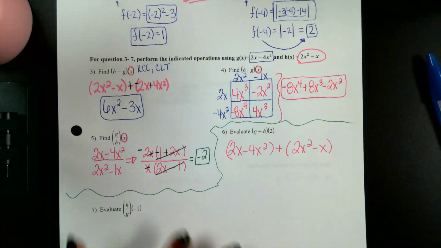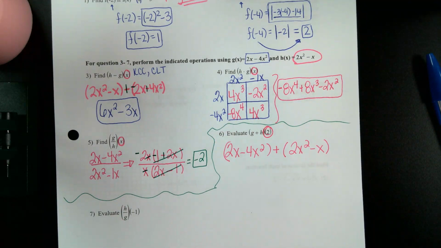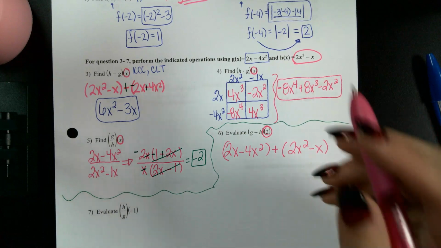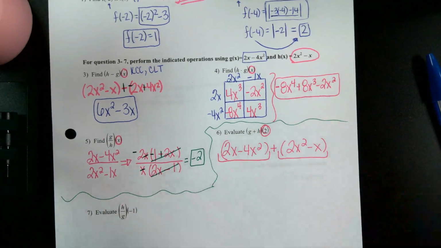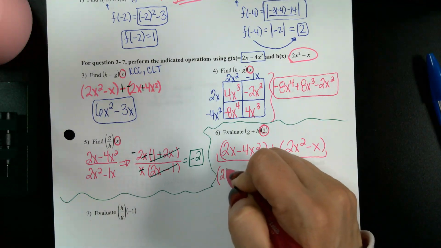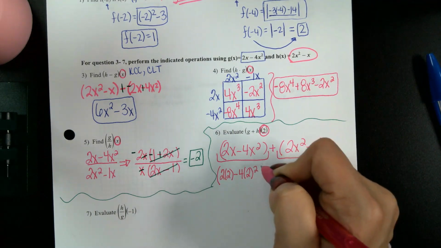However, they want us to plug in the number 2 wherever you see a letter x. So this is what I'm going to do. Can you guys watch? I'm going to do this set of parentheses separate from this one. I'm going to plug in a 2 and let's see what happens. So if we do 2 times 2 and then minus 4 times 2 squared, that's the first set.